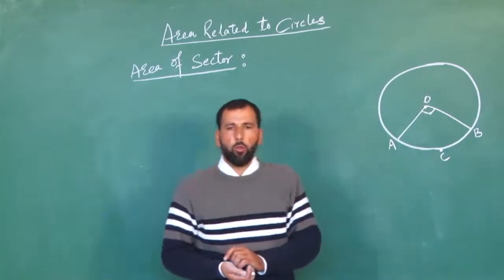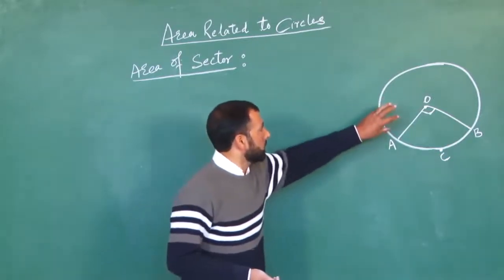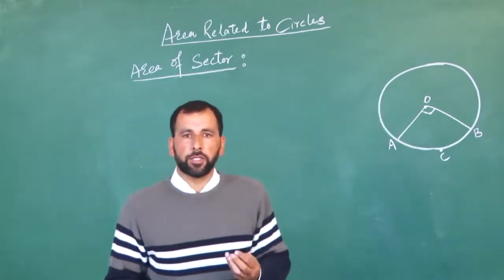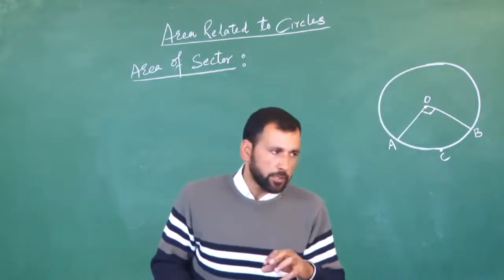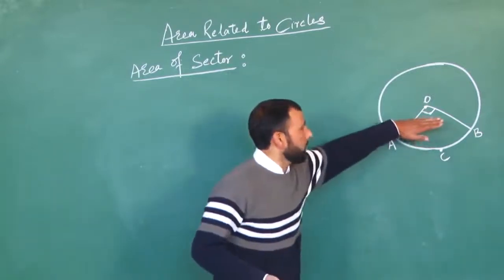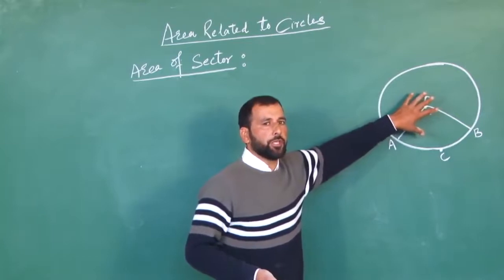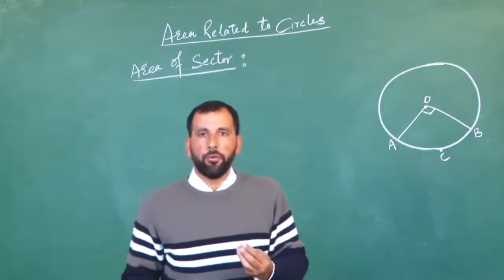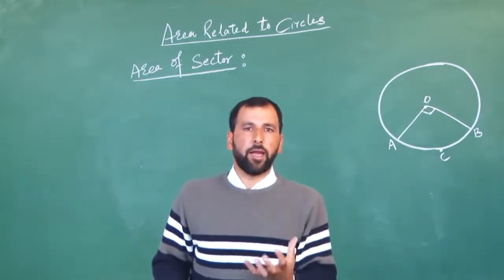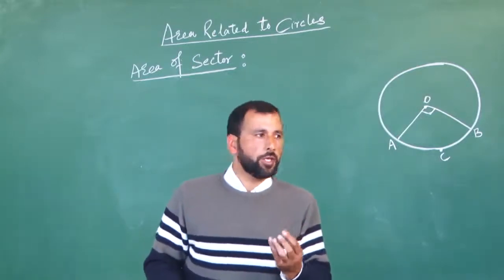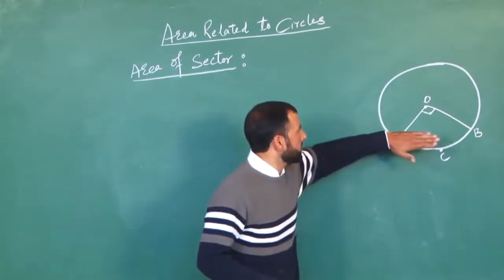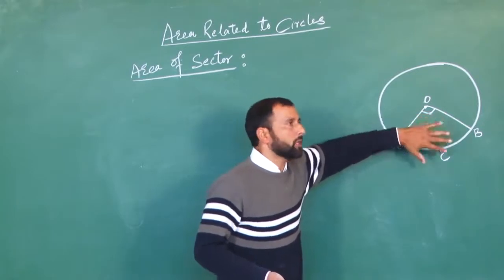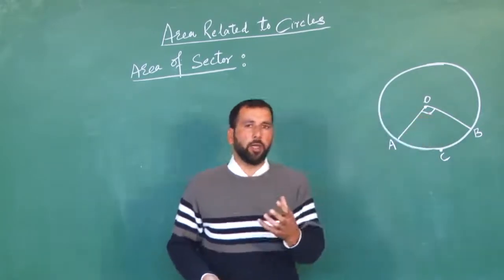We know that a circle is considered to be a sector when the measure of the central angle is 360 degrees. When the angle at the center is 360 degrees, then the figure so formed is a circle.